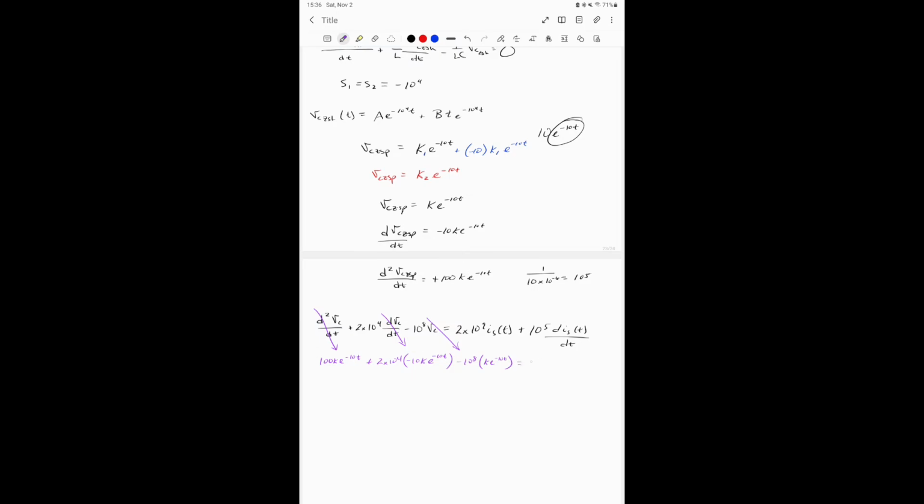All of that is equal to 2 times 10 to the 9th times 10 e to the negative 10t plus, and this is what I was saying about running out of room, 10 to the 5th times the derivative of our source, which was 10 e to the negative 10t, right? So it's negative 100 e to the negative 10t.